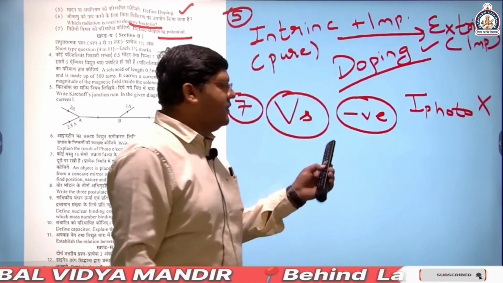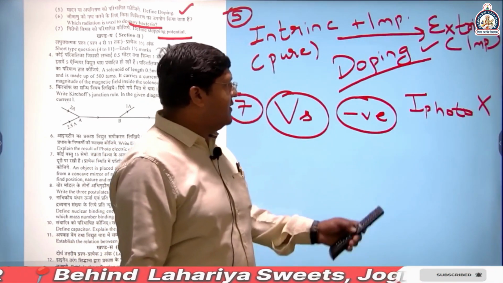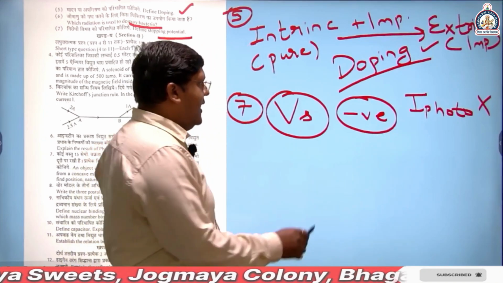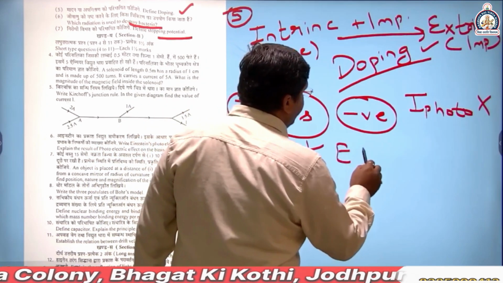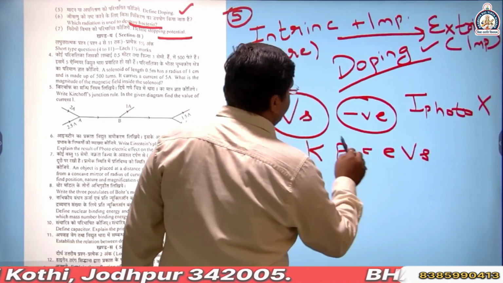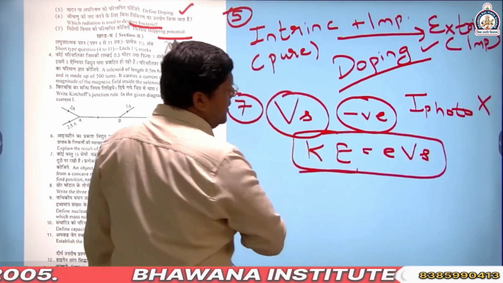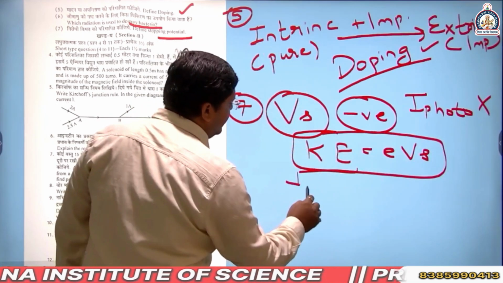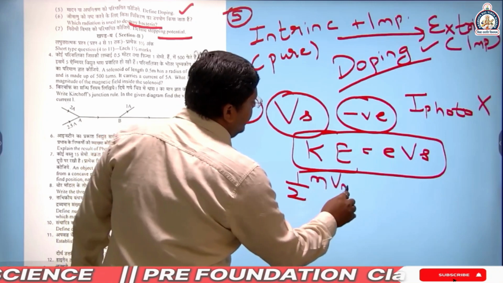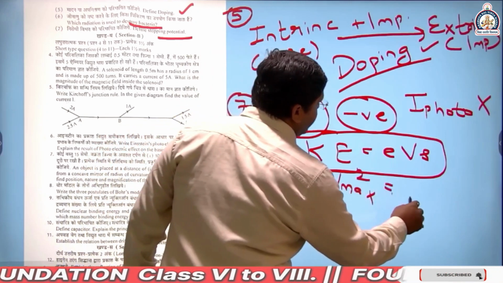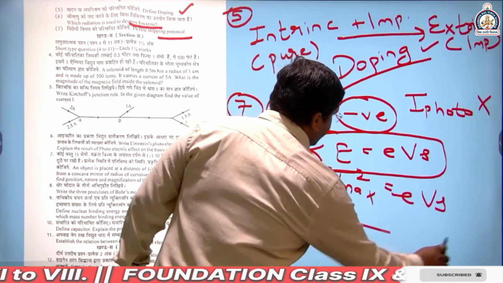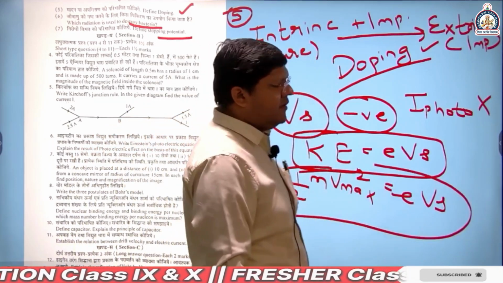So stopping potential is the negative potential which stops the photoelectric current, and the relation is given by kinetic energy is equal to eVs, where Vs denotes the stopping potential. Kinetic energy at its maximum value, half m v maximum whole square, is equal to eVs. This is a required relation for stopping potential.